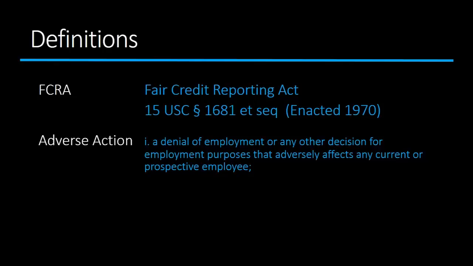The first definition of adverse action, as it comes right out of the Act, is a denial of employment or any other decision for employment purposes that adversely affects any current or prospective employee. That's pretty self-explanatory. When the report is being pulled and it contains derogatory information that might adversely impact that person in the employment realm, FCRA kicks in, because that is defined as an adverse action under the regulations of the Fair Credit Reporting Act.